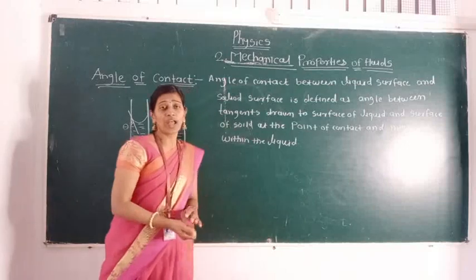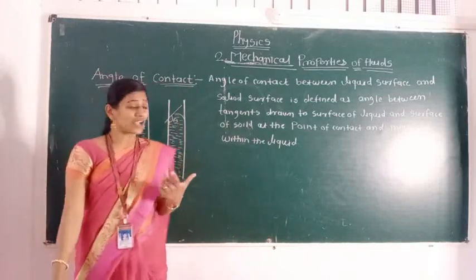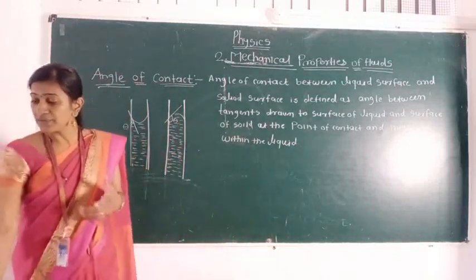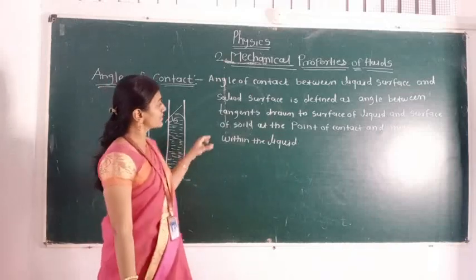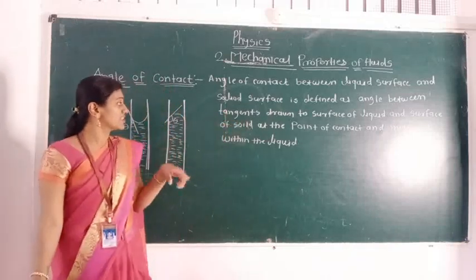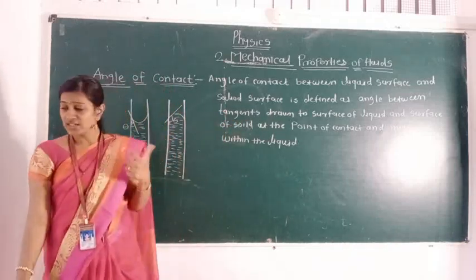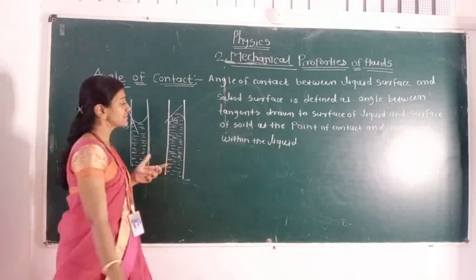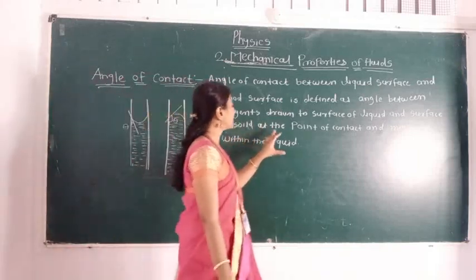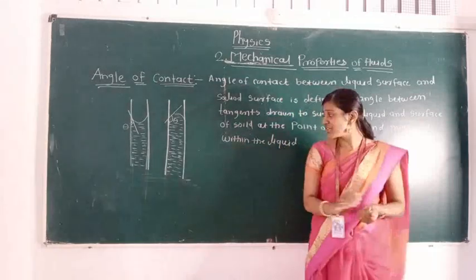Here we have the definition. The angle of contact between liquid and solid surface is defined as the angle between the tangents drawn to the surface of liquid and surface of a solid at the point of contact and measured within the liquid.